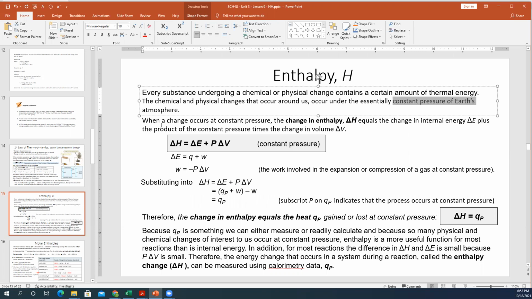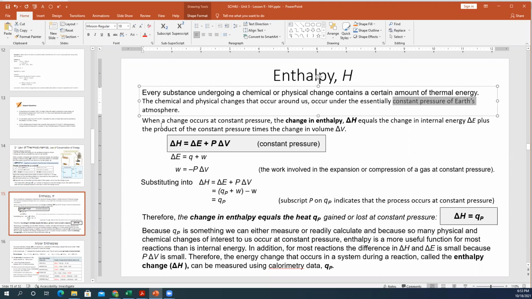Now, because this Q_P is something that we can either measure or calculate, and because so many physical and chemical changes of interest to us take place at constant pressure, enthalpy is a more useful function for most reactions than internal energy.